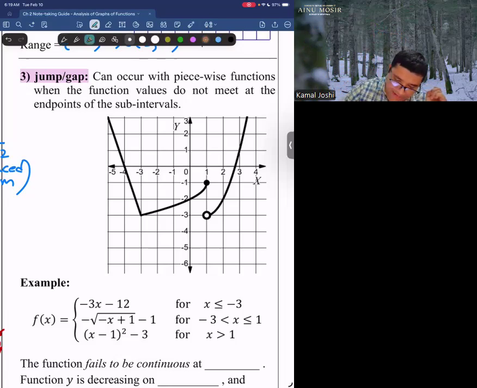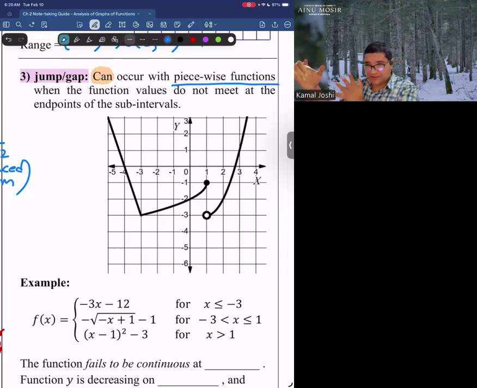And what do I say here? It can occur, not always, but it can occur with piecewise functions. We will see an example right below here. The piecewise function has different pieces put together, and sometimes the two pieces do not meet where the boundary is, and if they don't meet, you get a gap.